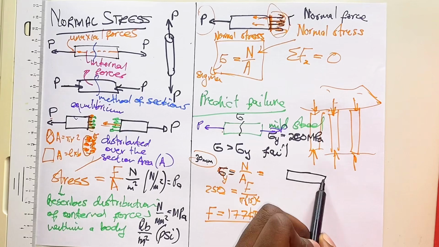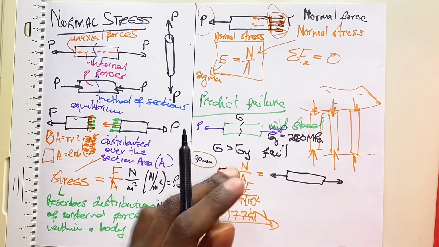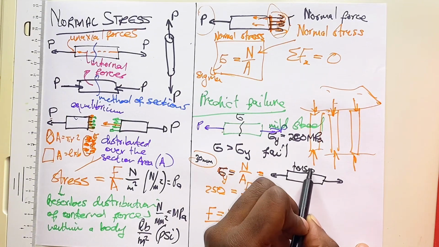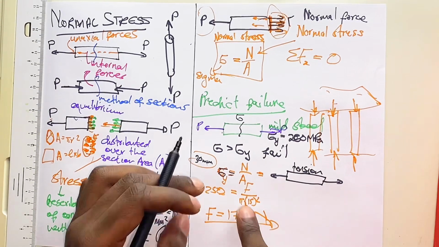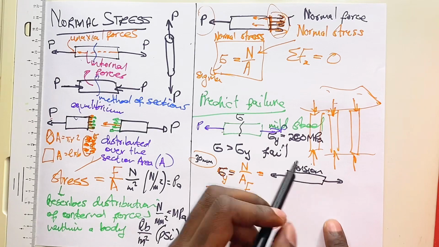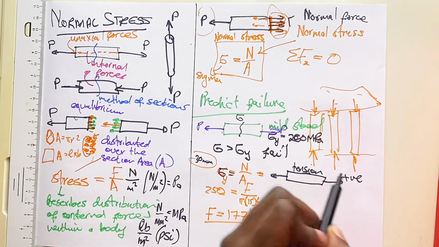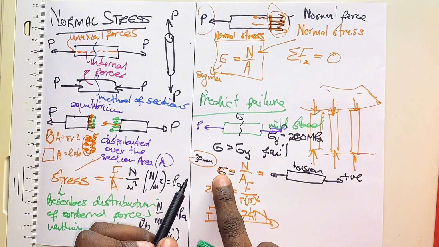If on your member you have forces pulling on each side, we call that tension. If you calculate your normal stress, tension will give you positive stress values.